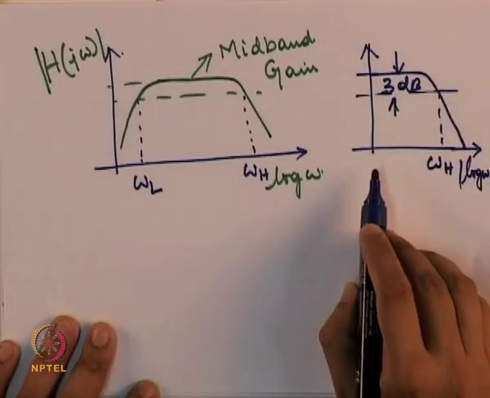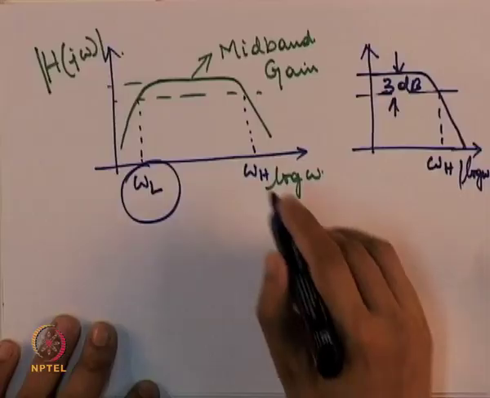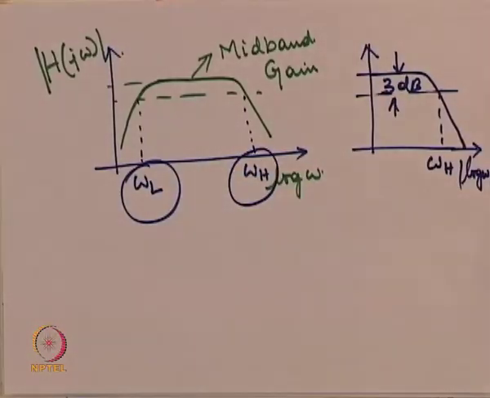Now, in the past module, we had covered the derivation of this omega L. In this module, we will study how to find out this omega H if the transfer function is given to you. So, the transfer function that we discussed in the last module was of this form.